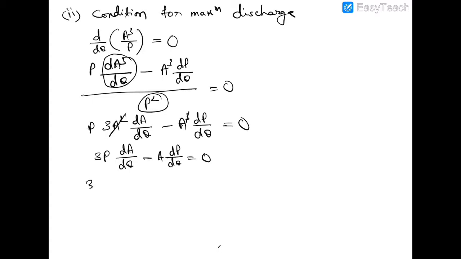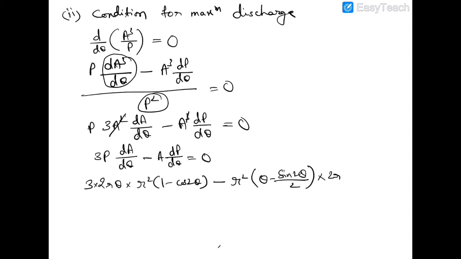Then we will have 3 times 2r theta, dA/d theta is r square (1 minus cos 2 theta), minus area of flow r square (theta minus sine 2 theta) divided by 2, multiplied by dP/d theta, which is 2r, is equal to 0.